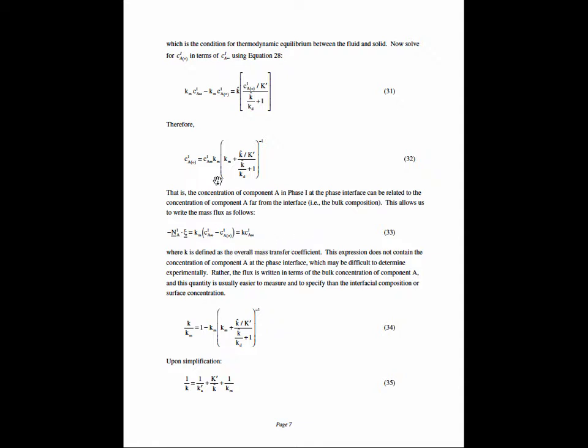If we can connect the surface concentration with the bulk concentration, we can write the mass flux as shown here in terms of an overall mass transfer coefficient K times that bulk concentration. You can use this result together with the ones that are shown above, and after a bit of algebra you come to the equation at the bottom of the page, and this should be vaguely at least familiar to you.